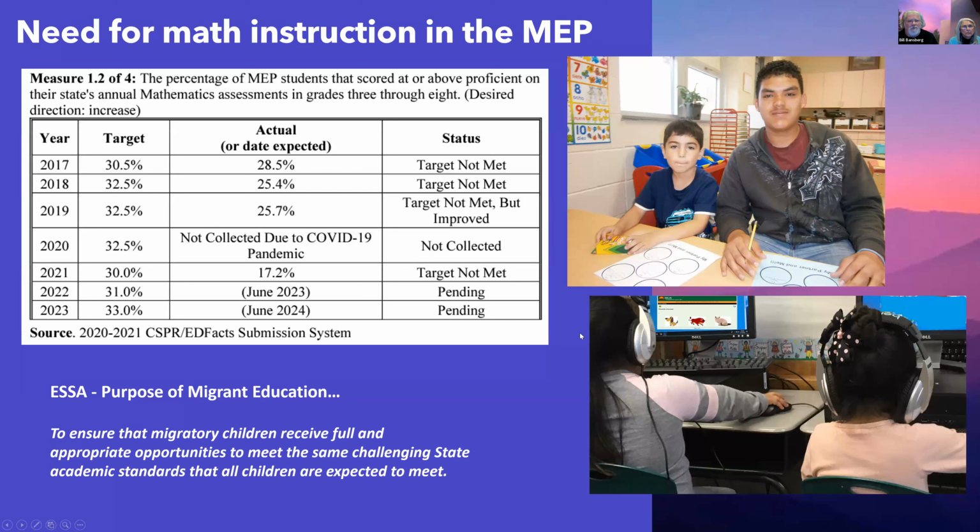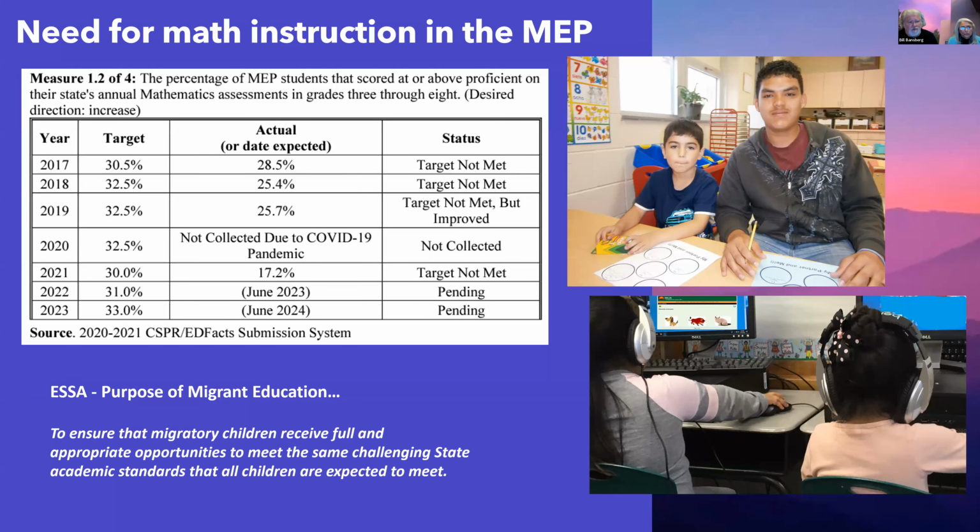When we look at the need for math instruction in MEP, look at the statistics from the Government Performance and Results Act, which we all have to collect when we collect data for the CSPR, the Consolidated State Performance Report. This data gets reported to the feds and compiled. What you can see is where migrant students are in terms of proficiency in math.